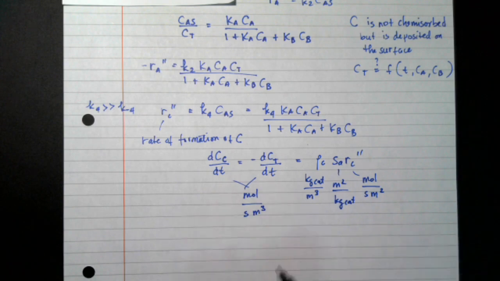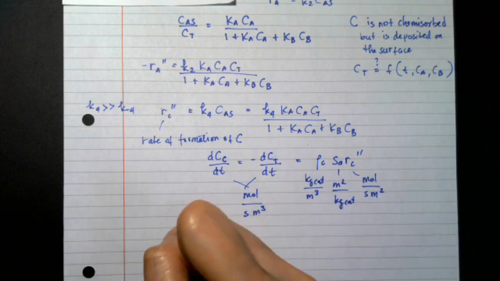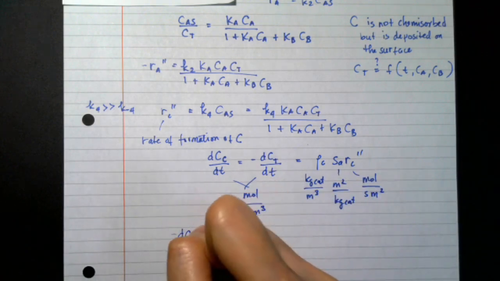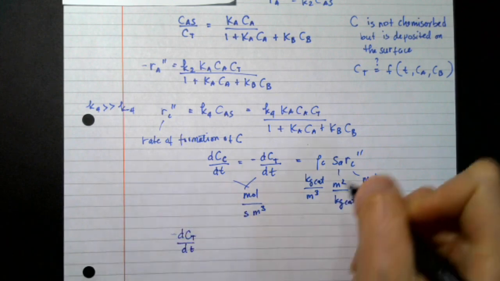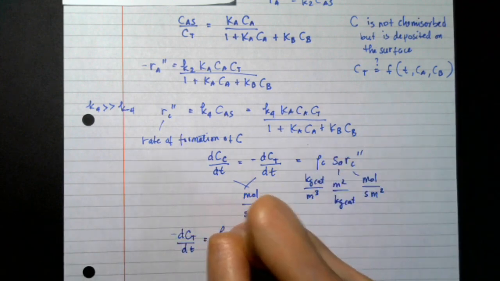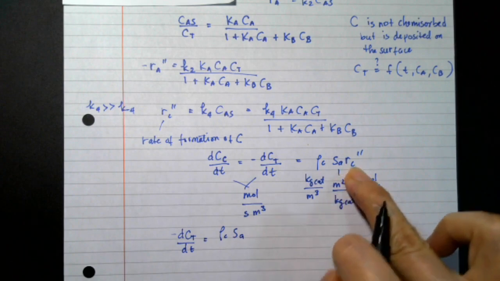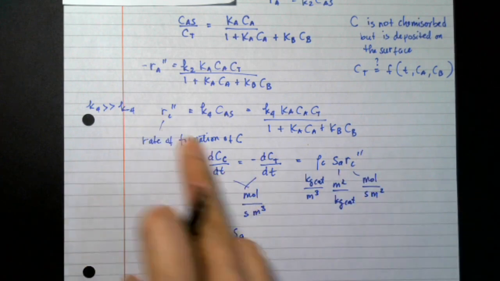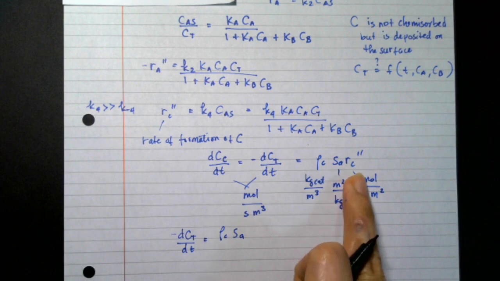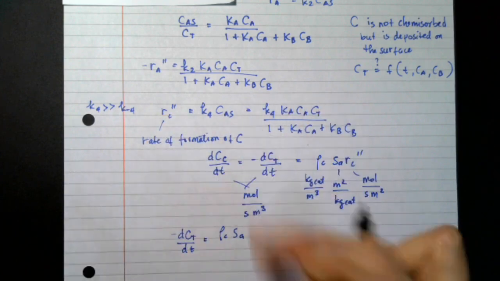So now we can write negative dCT/dt equal to rho C S A times RC double prime, the rate of formation of C, and that is equal to this.